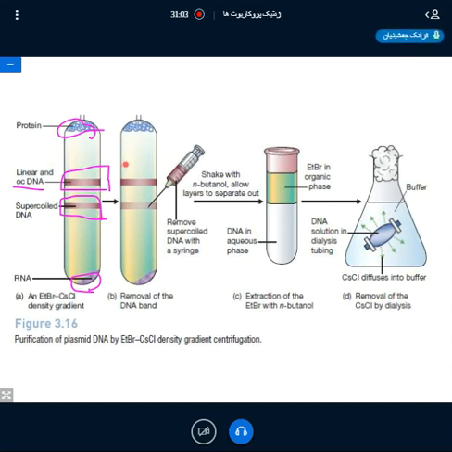Okay, so what do we want now? We want supercoiled DNA. We want plasmids. Where are the plasmids? Here. This is supercoiled DNA. Look at the picture, we can remove the supercoiled DNA with a syringe.